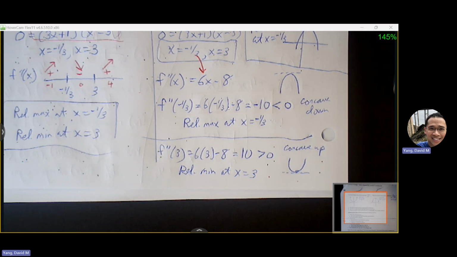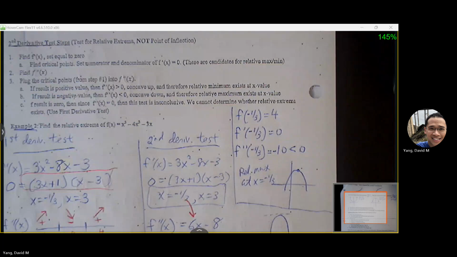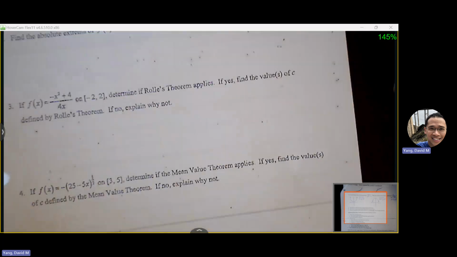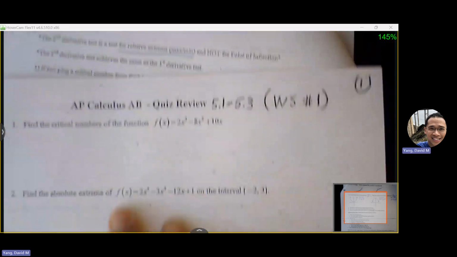Okay, so we're moving to our quiz review packet. Okay, it says find critical numbers. So critical numbers is just where slope is 0 or slope is undefined.